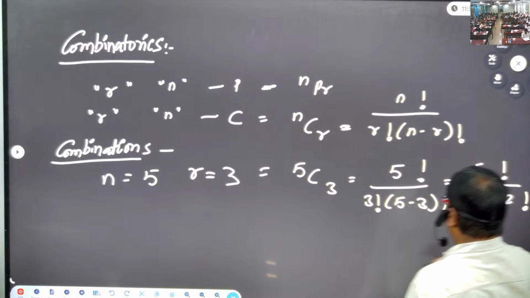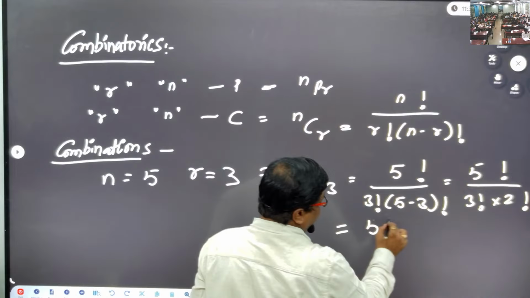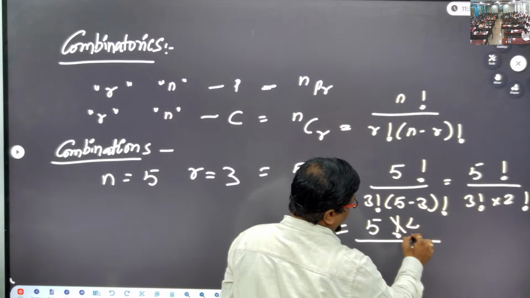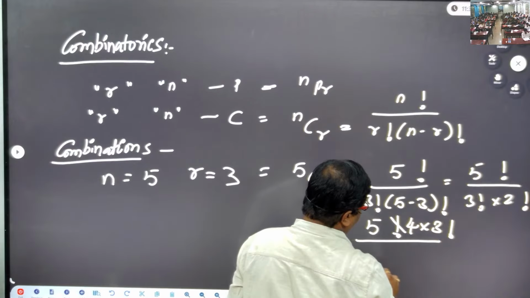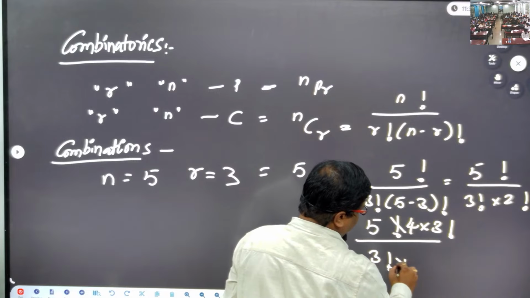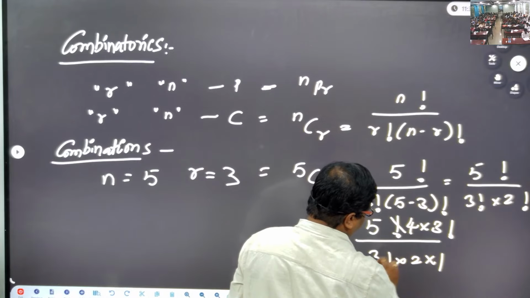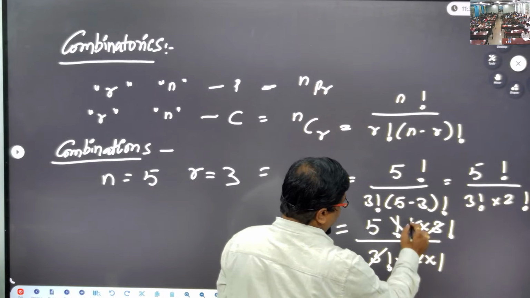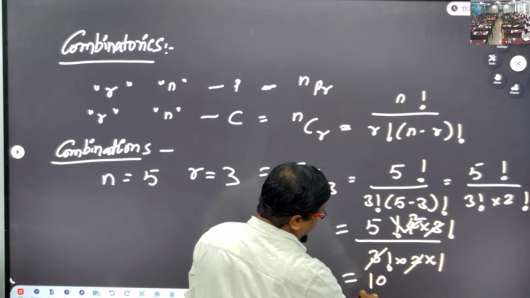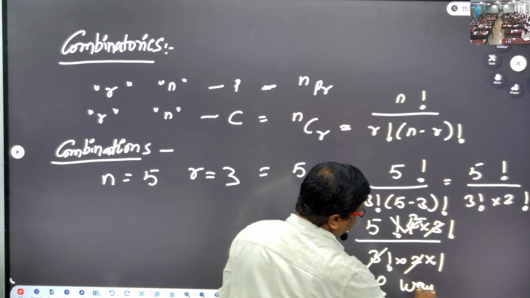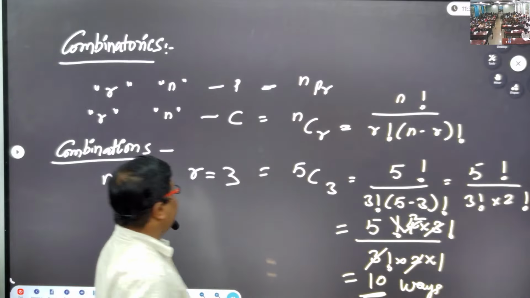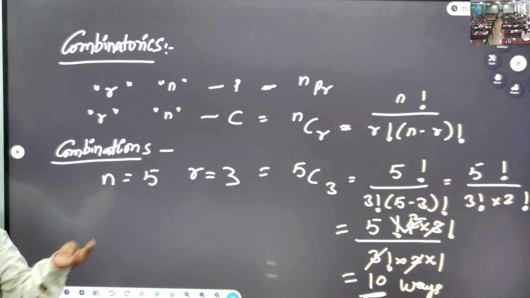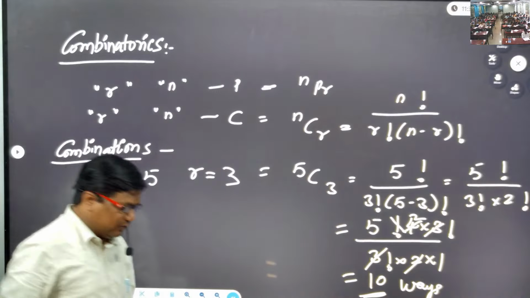When 5 factorial is expanded, 5 into 4 into 3 factorial by 3 factorial into 2 factorial. So what is the value? We have 10 ways, that is, 10 combinations of getting 3 persons from a 5-person committee.